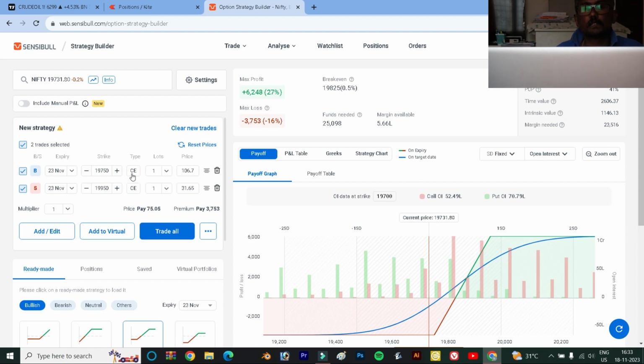If you select it, we can note the spot price here, which is 19,731.